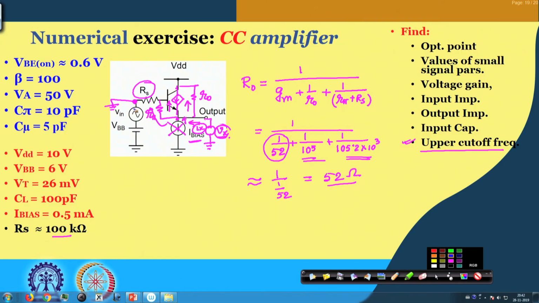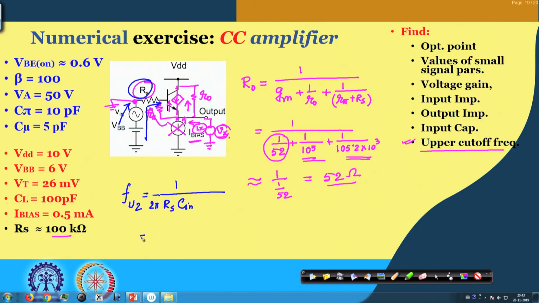since we are feeding the signal at this point, and we do have the Rs and also the input capacitance coming here, we have one more candidate to define the upper cutoff frequency, let me call it fU2, which comes from Rs and Cin. Of course, we have to consider the 2 pi part.